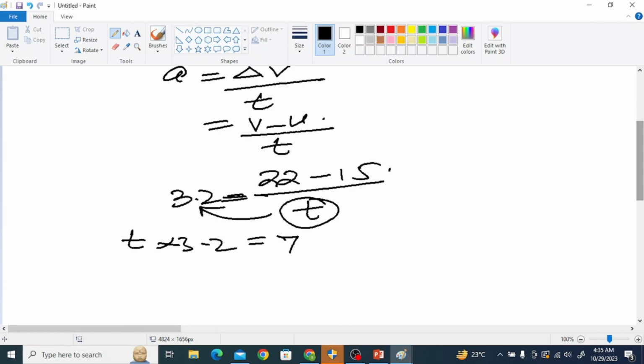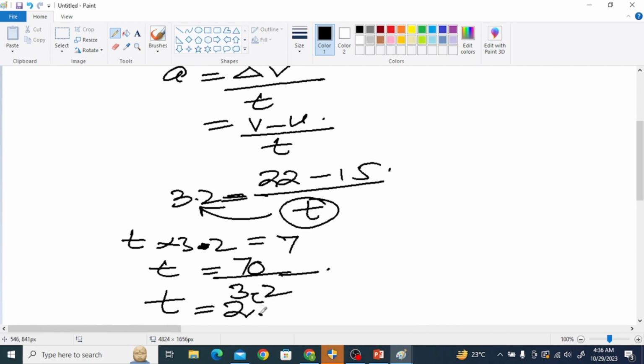Now because we have to find the time duration t, we have to shift this 3.2 to the right side of the equation, where it will be divided like this. So dividing 7 by 3.2, your answer will be around 2.1 seconds.